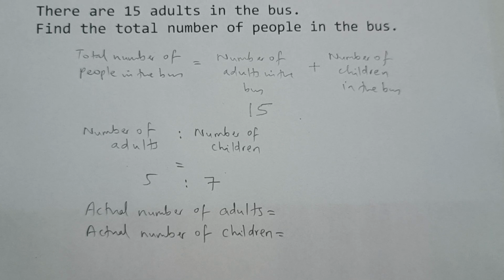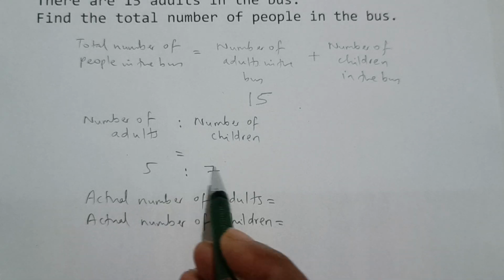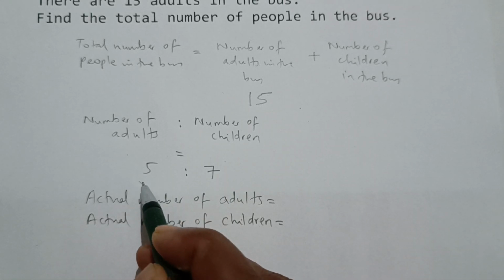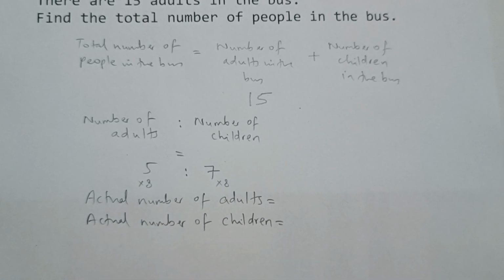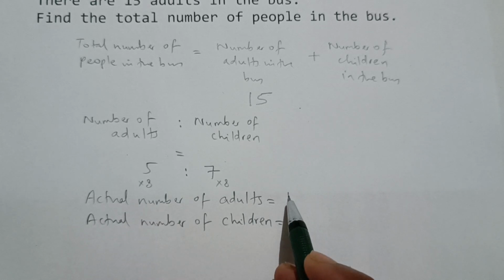So what is that number? For example, let us say that number is 8. So I am multiplying this ratio by the number 8. I will multiply 5 by 8 and 7 by 8. So the actual number of adults in the bus will be 5 into 8, which is 40.